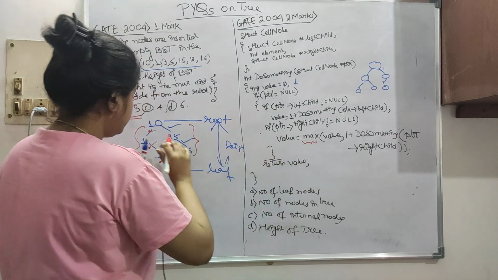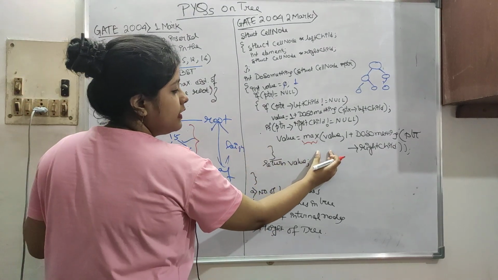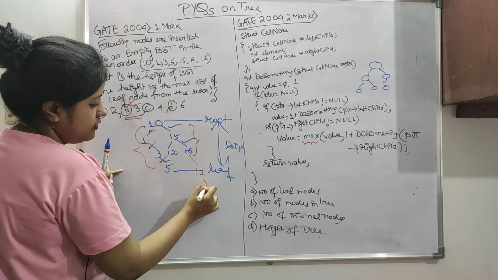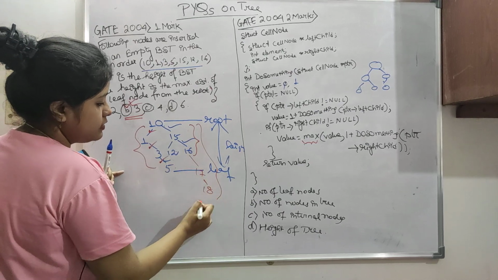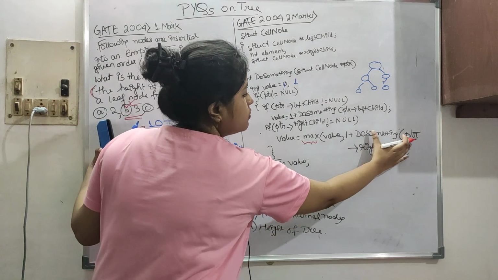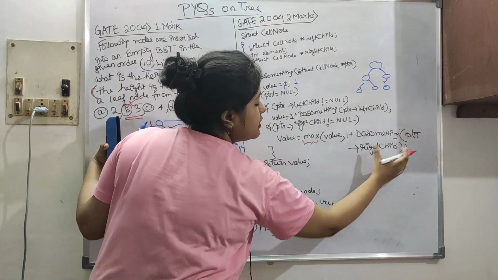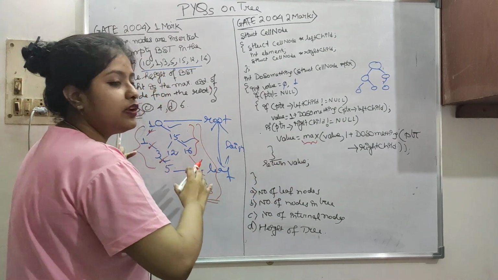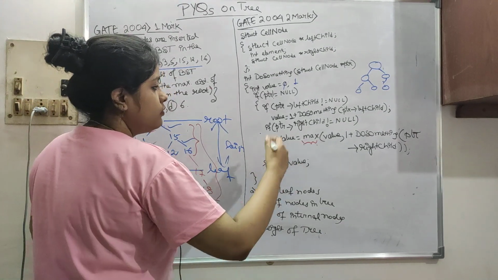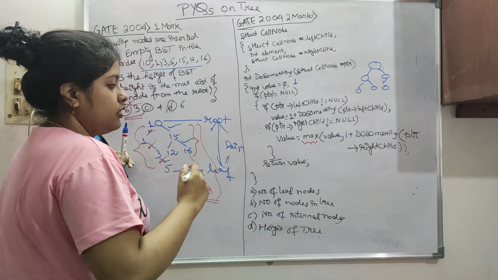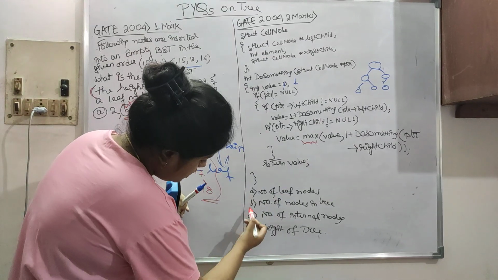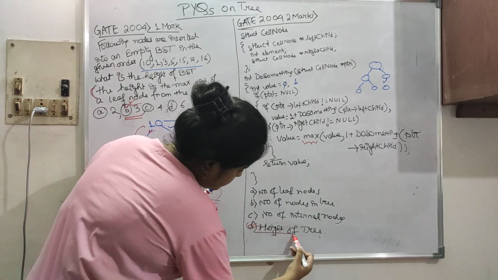If the maximum was in the left child, we take the left child; in other cases, say if it was in the right child, we will take the right child and do doSomething on ptr arrow right child. In this way, if the right side is deeper, the maximum value will take the right-hand side subtree. So this is basically finding the height of the tree. So height of the tree is the correct answer.